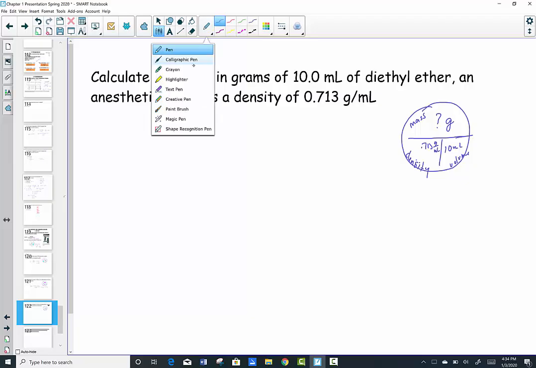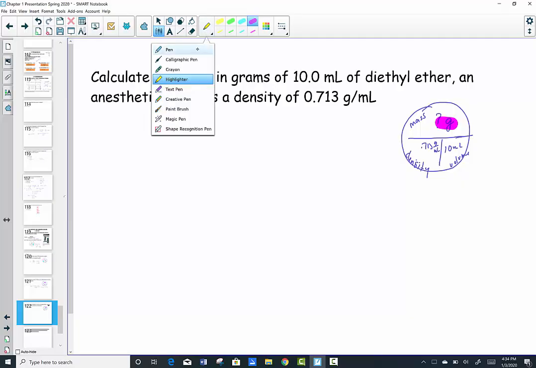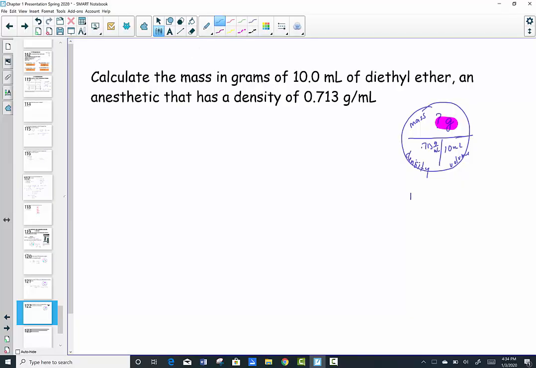Cover the variable with your finger that you want to solve for. We want mass. So therefore, I can see the formula will be mass can be found by taking density times volume. 0.713 grams per mil times 10 mils will give us our gram.